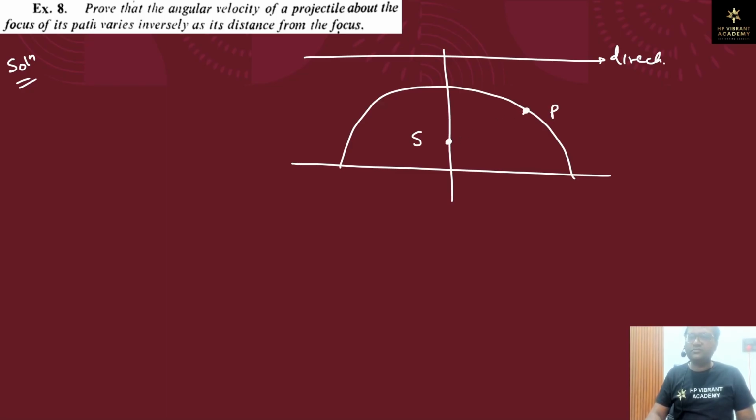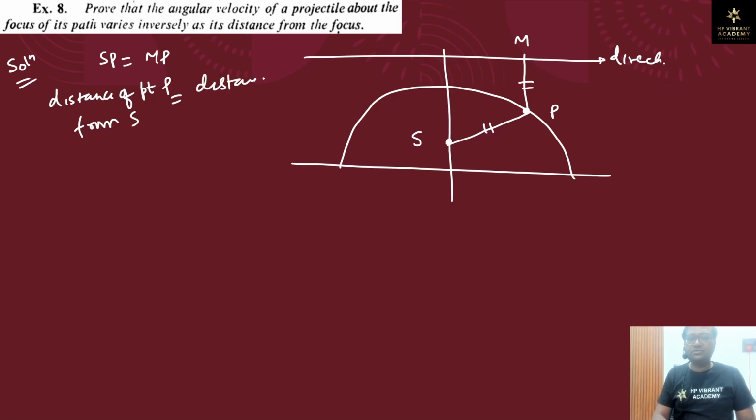So the distance of this point from S is the same as the distance of this point from the directrix. So this distance is equal to this distance. Let us take this as M. So we have SP is equal to MP. That is, the distance of point P from S is equal to the distance of point P from the directrix.